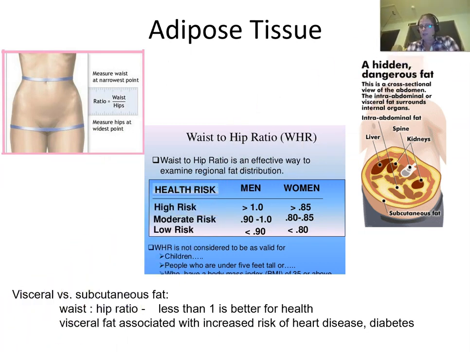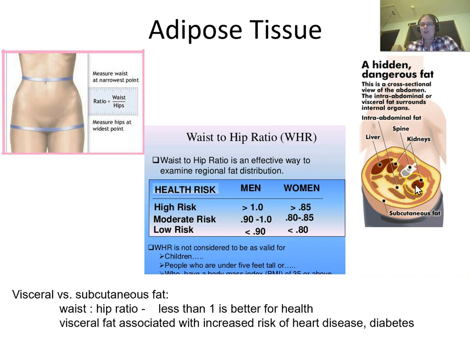As far as adipose tissue goes, as we talk about it, there's different places that we store our fat. We can store it under our skin, which is called subcutaneous fat. So like you pinch an inch, right? You can grab that underneath your skin. And then you have visceral fat. Now, visceral fat is deep organ fat.